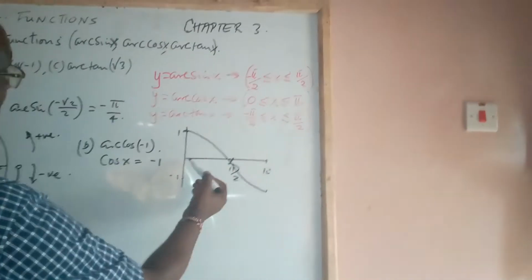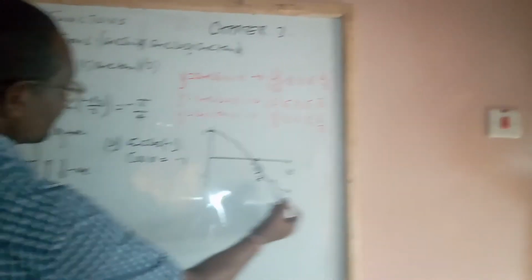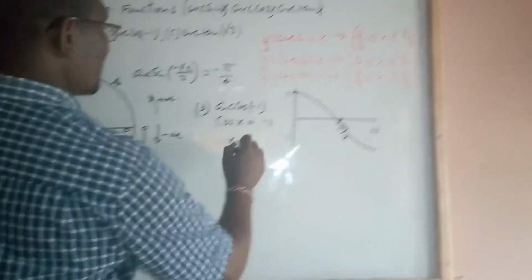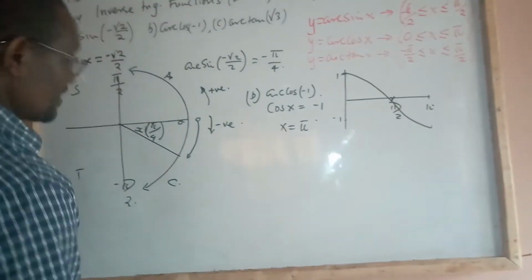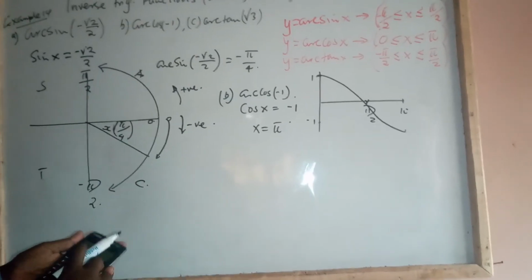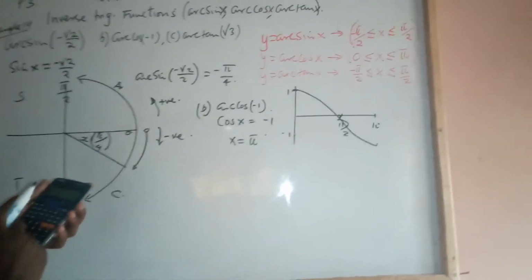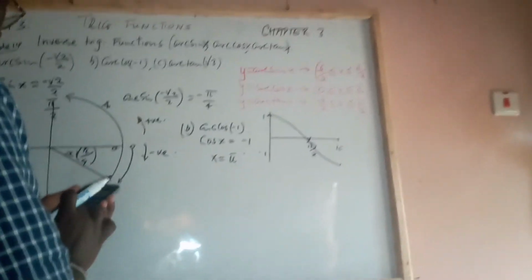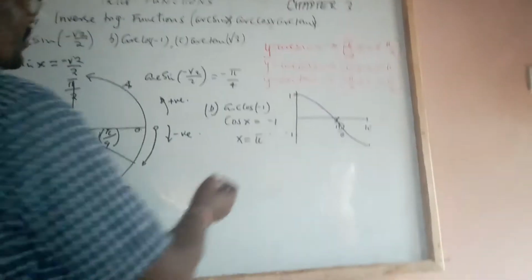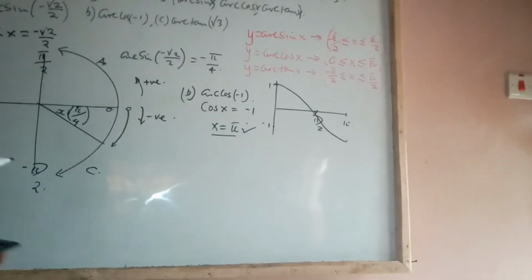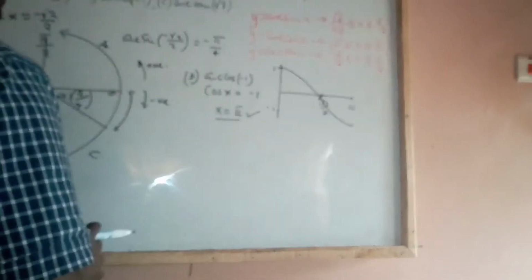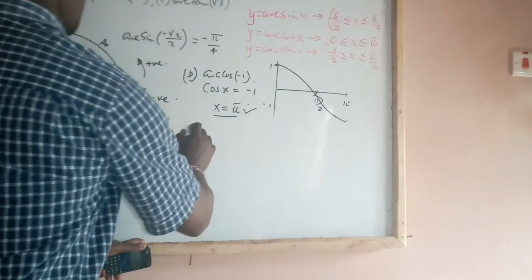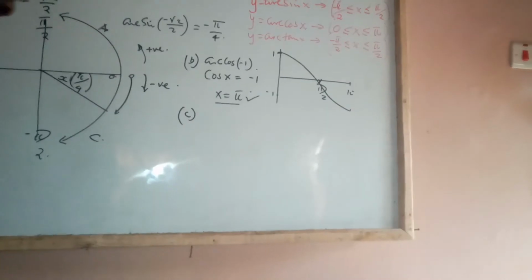You can see the angle whose cosine is -1 is just pi, so x equals pi. Using shift cosine of -1, you're going to get that x equals pi, or arc cos of -1 is equal to pi. What about part C?